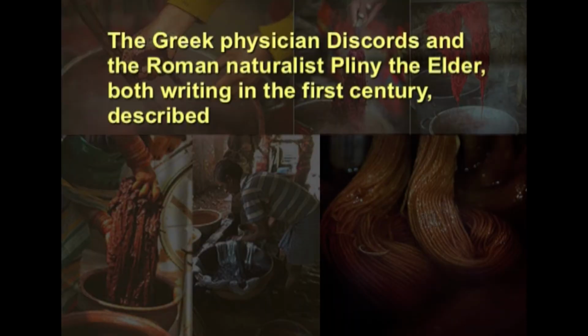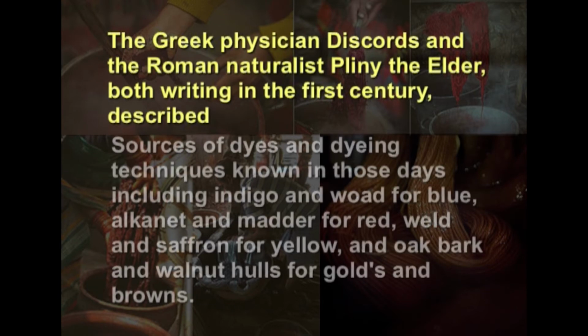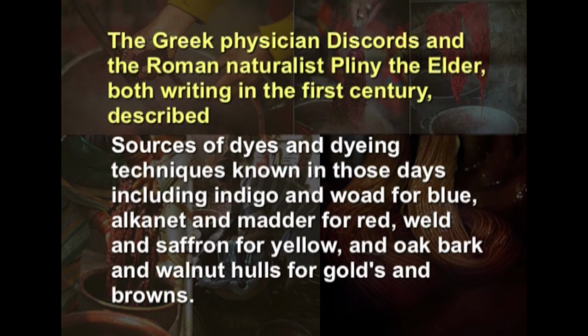The Greek physician Dioscorides and the Roman naturalist Pliny the Elder, both writing in the 1st century, described sources of dyes and dyeing techniques known in those days, including indigo and woad for blue, alkanet and madder for red, weld and saffron for yellow, and oak bark and walnut hulls for golds and browns.